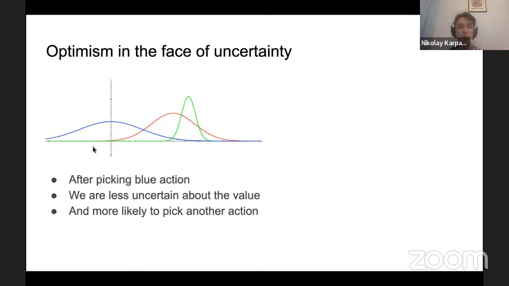So now we have more data points and we understand more properly that the main domain of the rewards that we would get by this blue action is much less than of the other ones. So after picking this action, we are less uncertain about the value and more likely to pick another action.